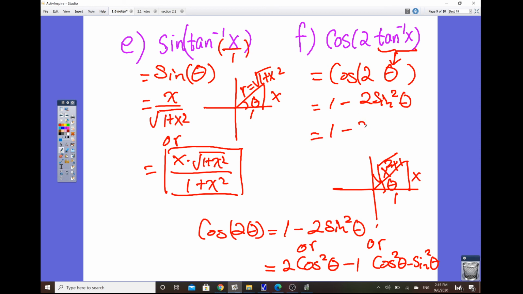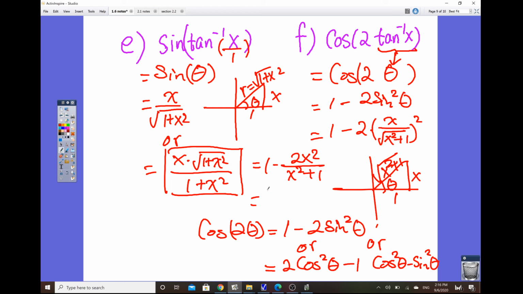So it's 1 minus 2 times sine of theta, which is x over the square root of x squared plus 1, and then square the whole thing. The rest of this you just multiply out. So 1 minus 2x squared over x squared plus 1. Definitely you can put this all together.